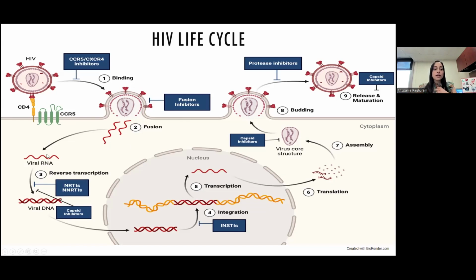So this viral RNA now has to form a second strand of genetic material, and that's the viral DNA. That then gets pushed into the nucleus of the cell. And here is where the enzyme, HIV enzyme integrase, is going to do exactly that. It's going to snip two sections here in the host DNA and integrate the viral DNA into the host DNA.